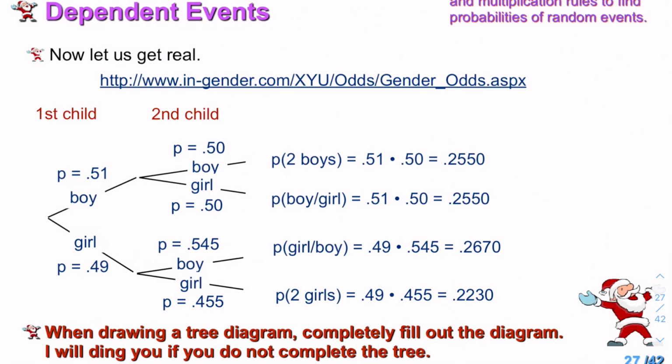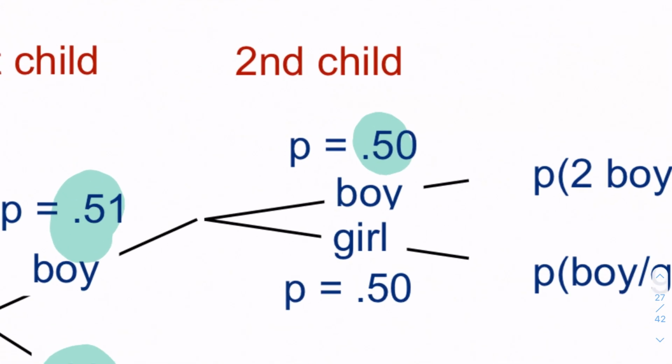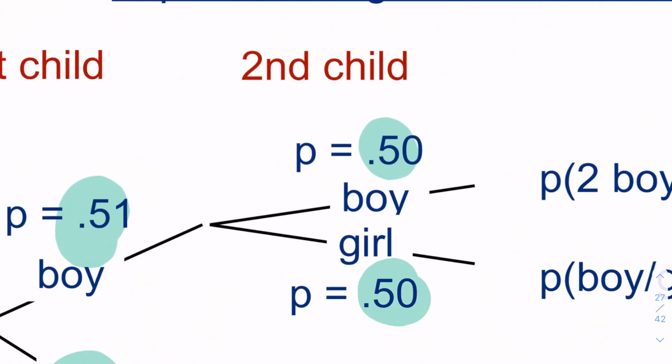So let's say we look at this and say the probability of the initial boy is 51%, and the probability of the initial girl is 49%. Then, if you know that you had a boy, the probability that the next child is a boy is 50%, and the probability the next child is a girl is 50%.